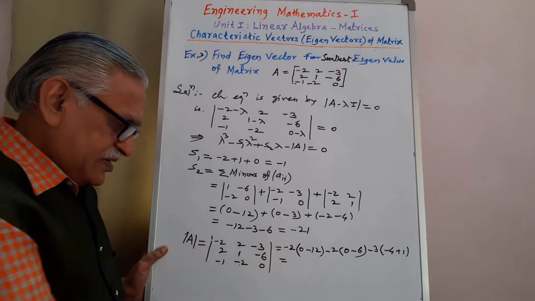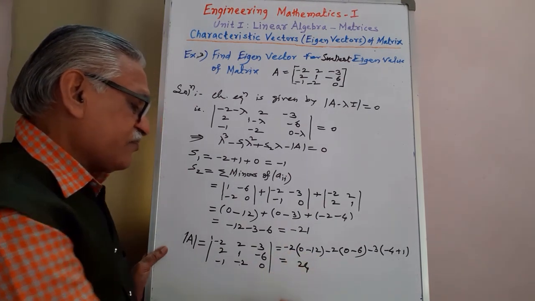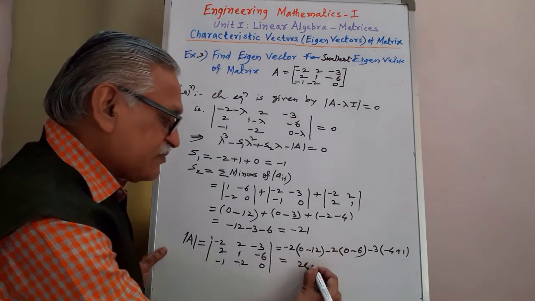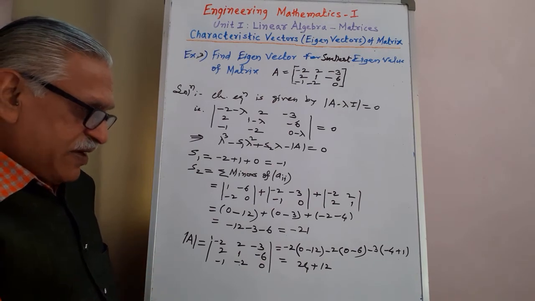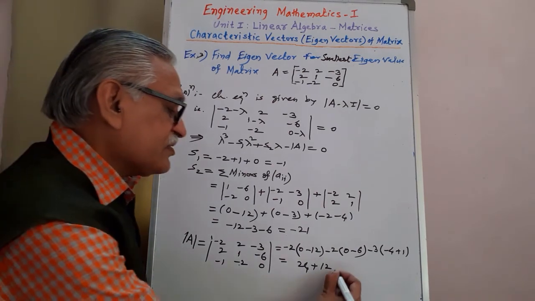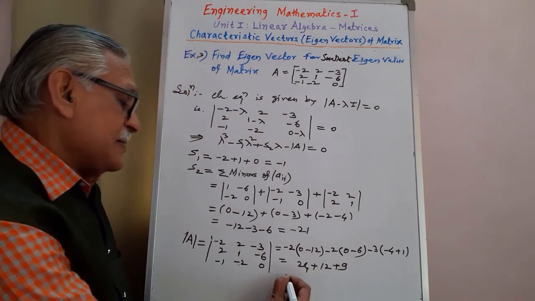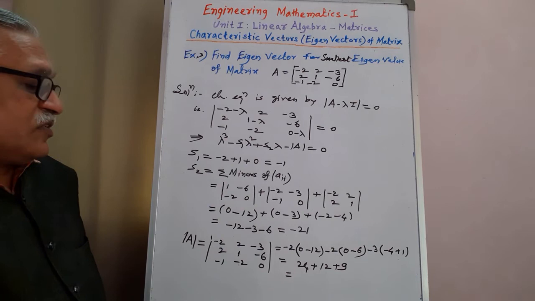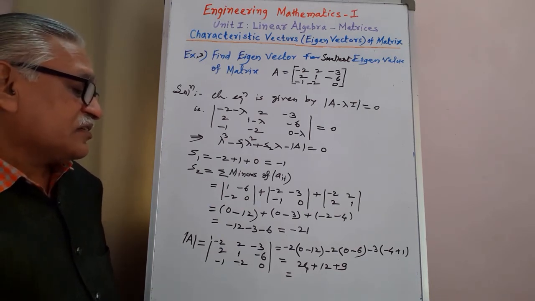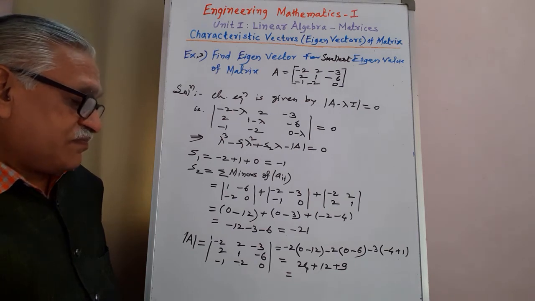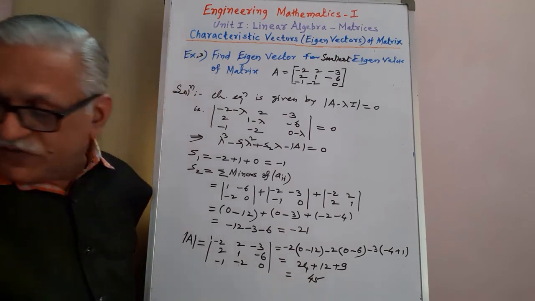Simplifying it, minus 12 into minus 2, we get 24, minus minus plus 12, minus 3 into minus 3 plus 9, 24 plus 12, 36, 36 plus 9, we get that as 45.